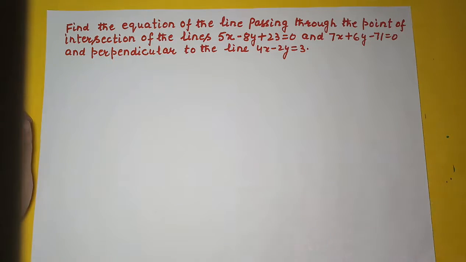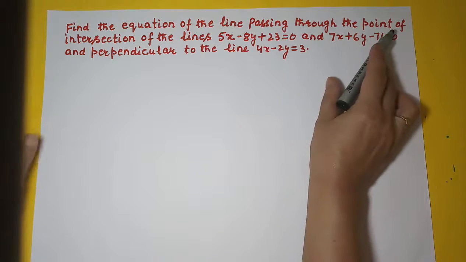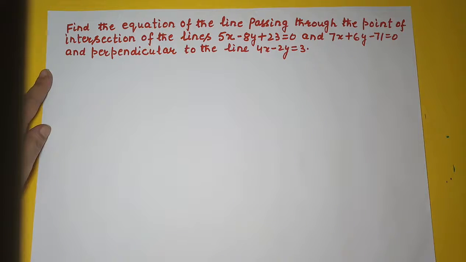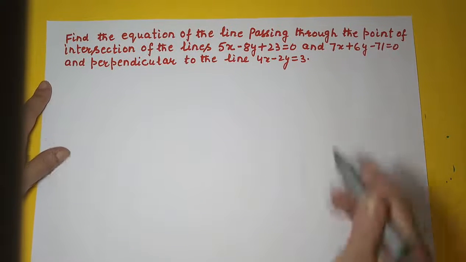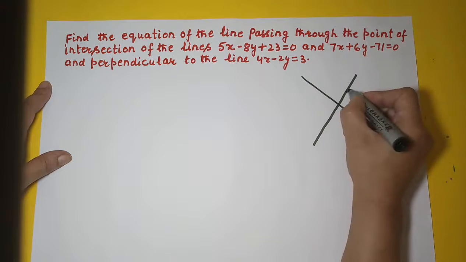Right? Now the next one: find the equation of a line which is passing through the point of intersection of the lines this and this. So we have a situation in which two lines' equations are given to us.